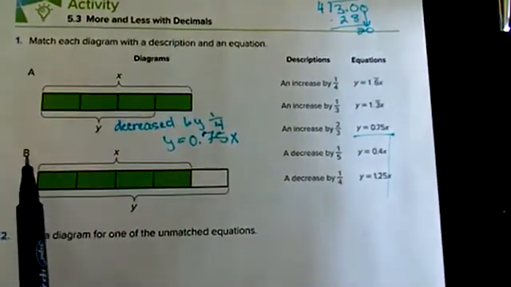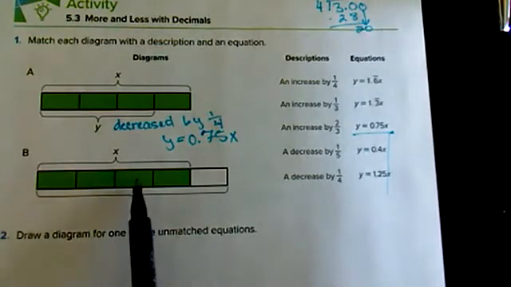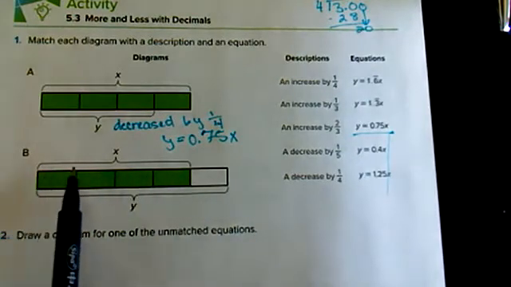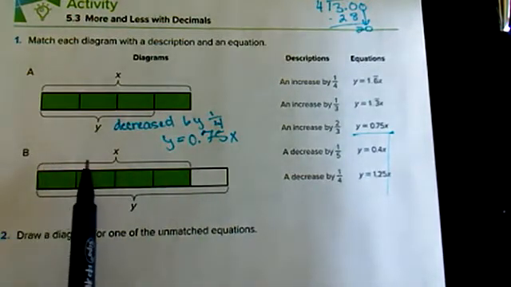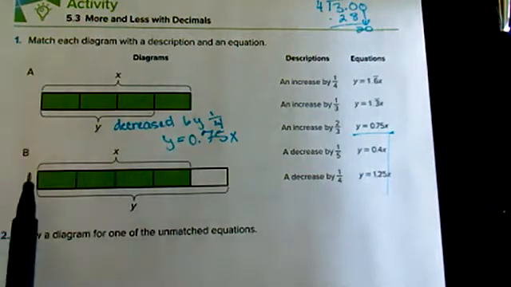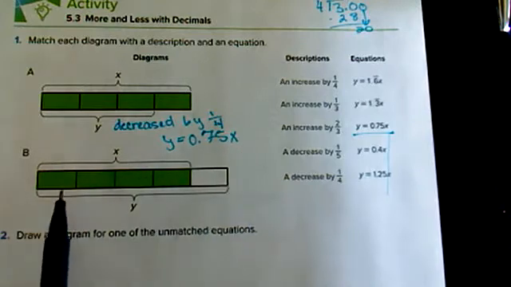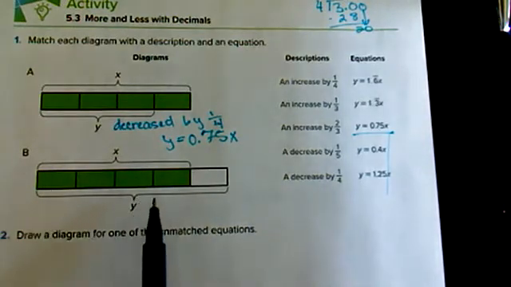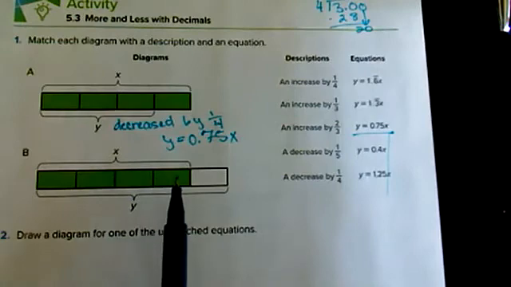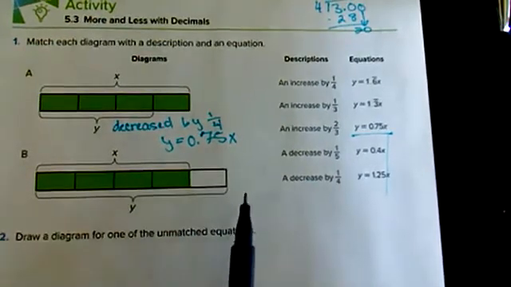Now let's go to B. So B, we have 1, 2, 3, 4 pieces that start with x. So this will count as our whole like we did before. And then our y has 1, 2, 3, 4, 5 pieces.